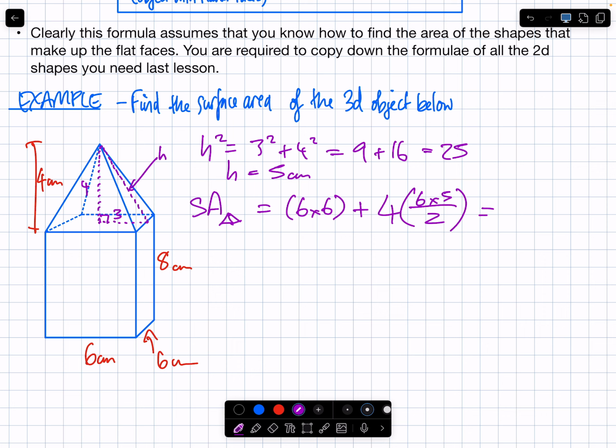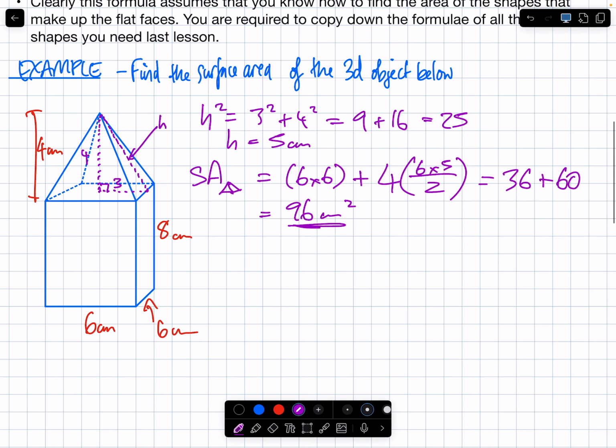That's going to be 36 plus 6 times 5, 30 divided by 2, 15 times by 4, 60. So the surface area of the pyramid on top is going to be 96 square centimeters. Get that working down.